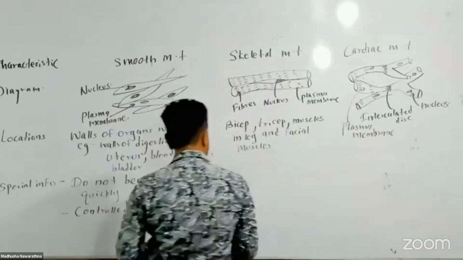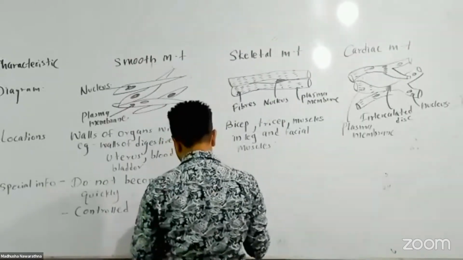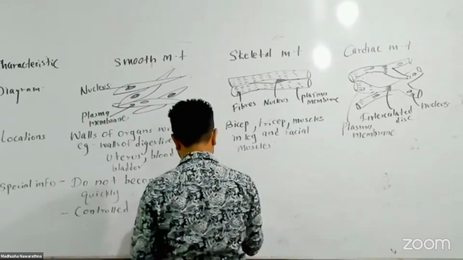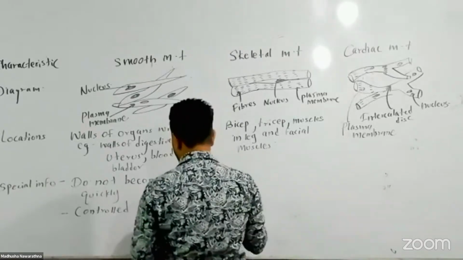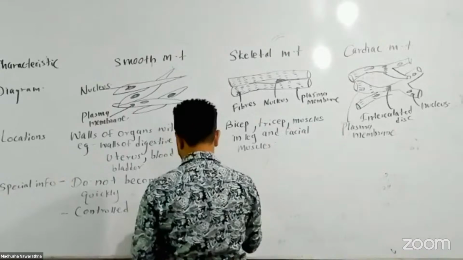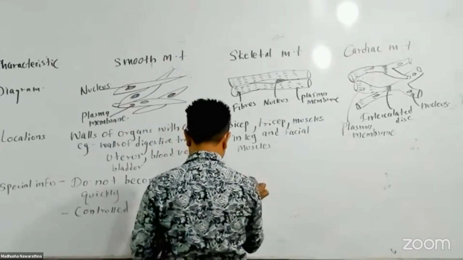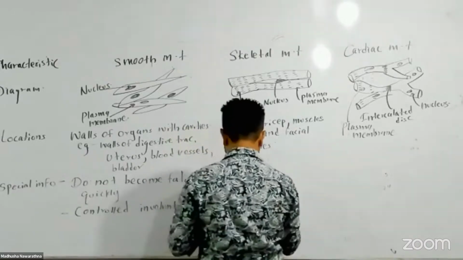Biceps, triceps, muscles in legs and facial muscles. Then the special information about them: they become fatigued easily.